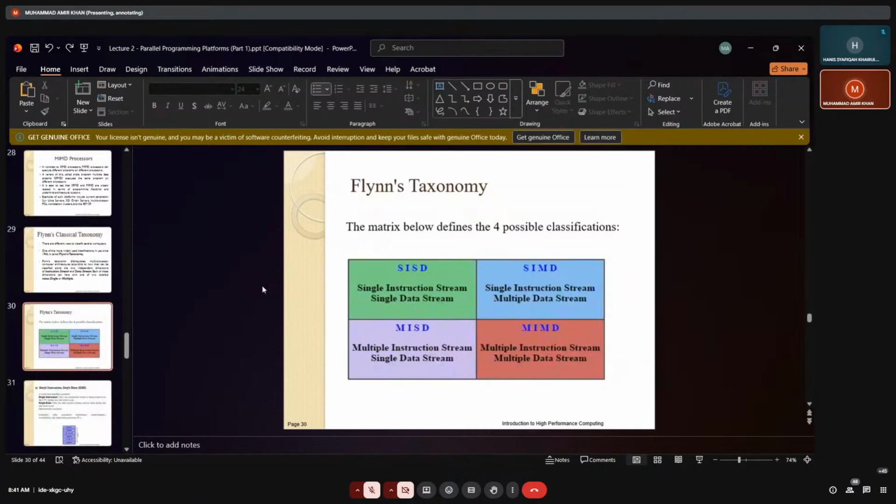So the matrix below defines four possible classifications. SISD, single instruction stream, single data stream. SIMD, single instruction stream, multiple data stream. MISD, multiple instruction stream, single data stream. MIMD, multiple instruction stream, multiple data stream.